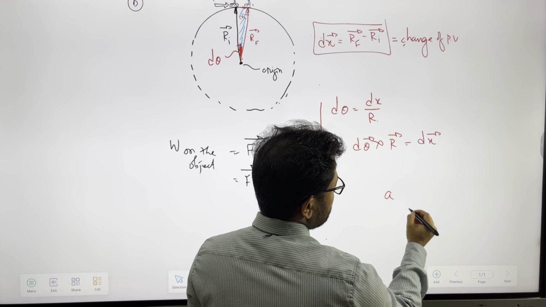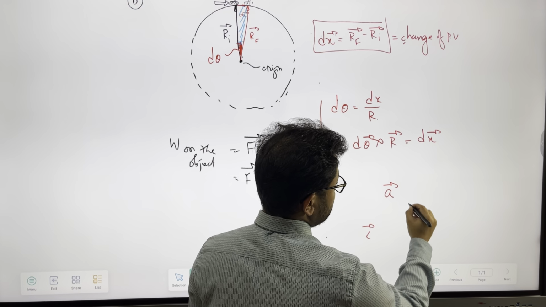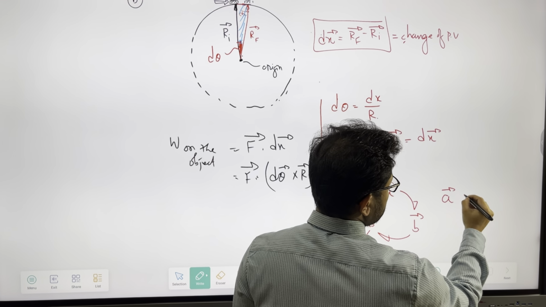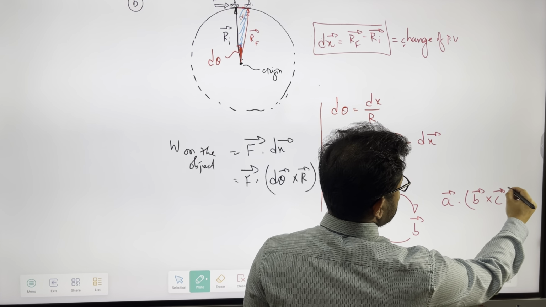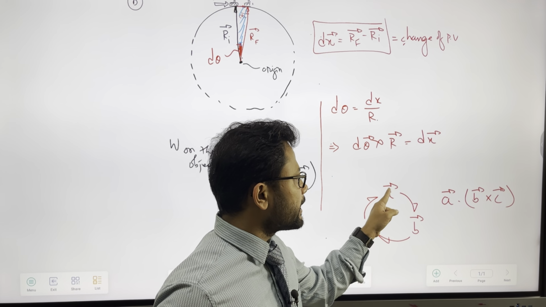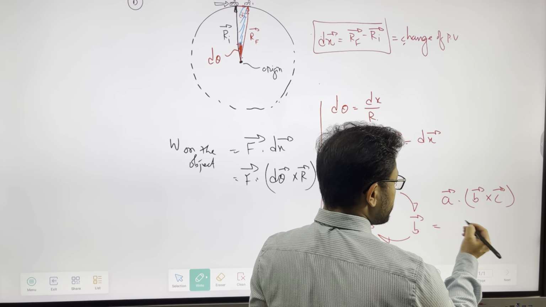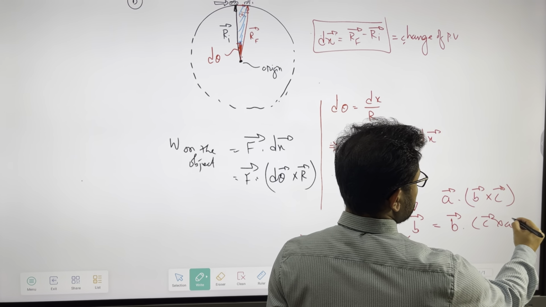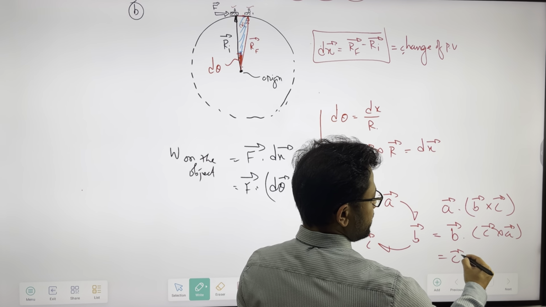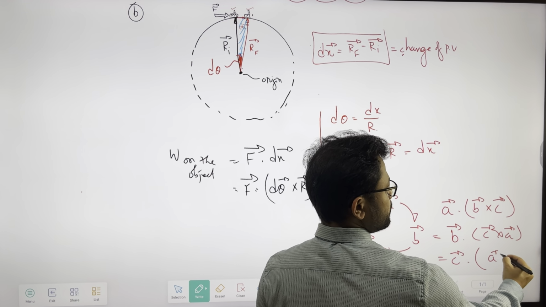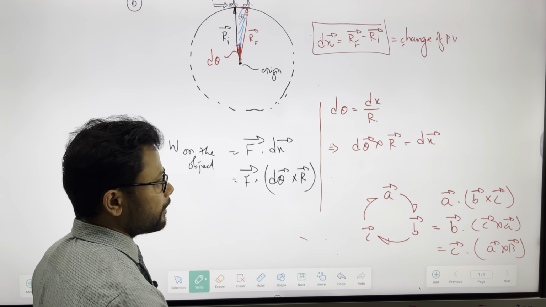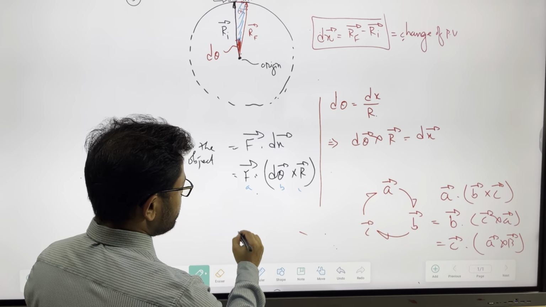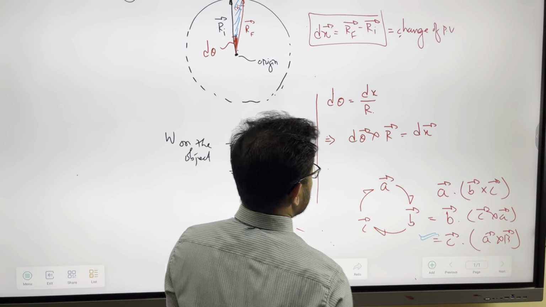If you think about three vectors, A vector, B vector and C vector, and the connection between them is A vector dot B vector cross C vector, then starting here, this is also equal to B vector dot C cross A. And also, if we start with C, doing the dot product, we get C dot A cross B. So if we imagine this to be A, this to be B, and this to be C, we can use this concept to rewrite it.